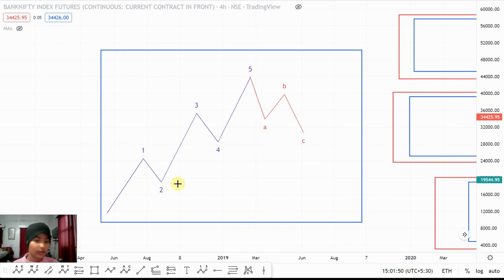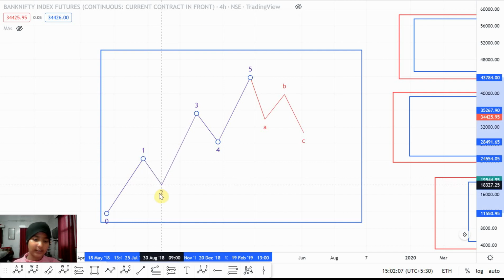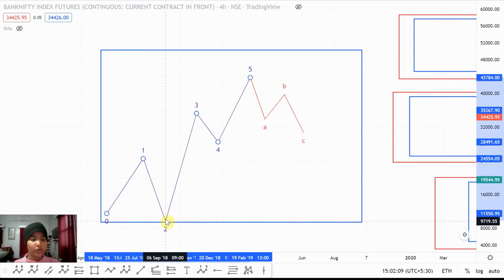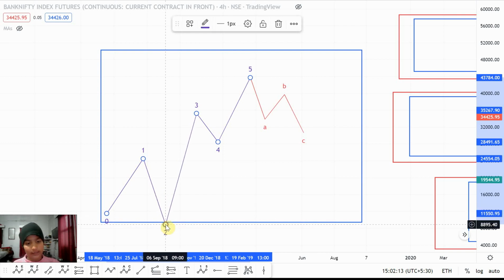Now I'll be explaining the rules of Elliott wave. The first rule is that the second wave should not come below this 0. If it comes below, then my count is wrong and I have to change my count.